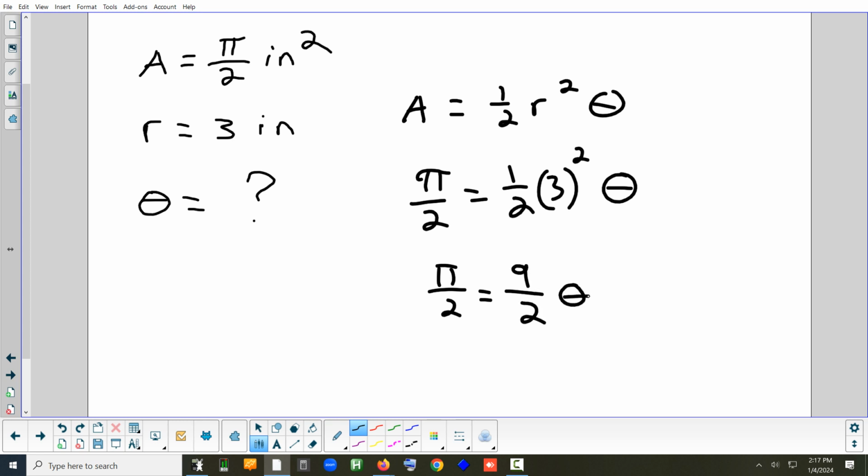Because now, what are we going to do on both sides? Multiply by 2 over 9. Leaving that as a fraction is a lot easier than dealing with 4.5. Because 2's cancel, the 9's cancel, and what else cancels? The 2's on the other side. Yep.